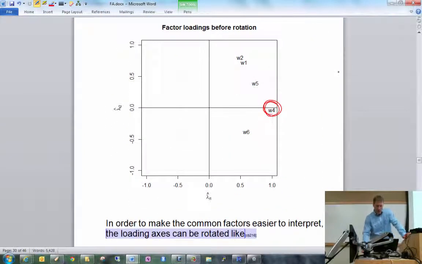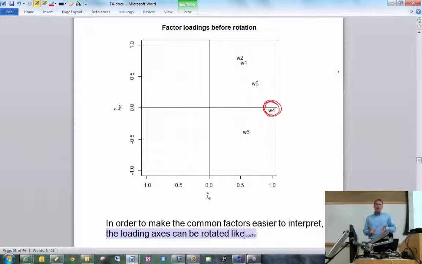But unfortunately, this easier interpretation only comes with W4. What would be nice is if there was some way we could adjust these factor loadings so we have more of these easy interpretations.